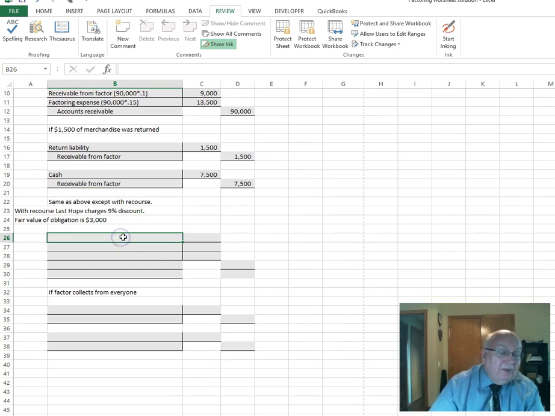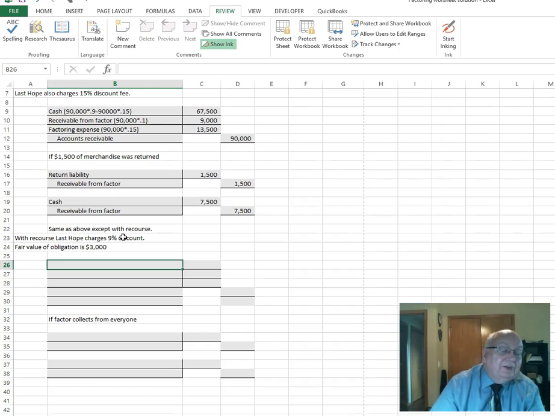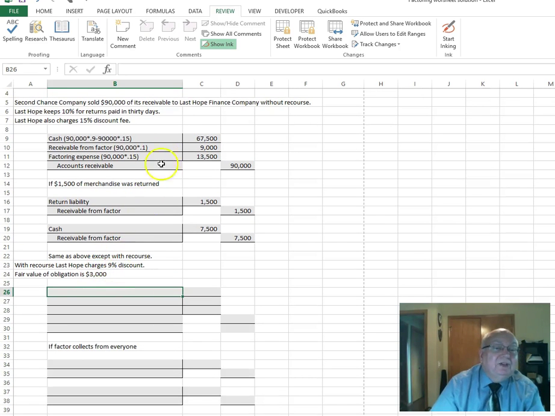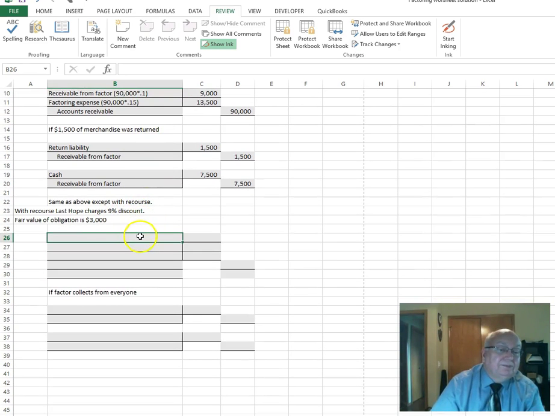Okay. With recourse, what we have is the same as above, except a couple exceptions. They charged 9% instead of 15%, and we determined that the fair value of the obligation was $3,000.